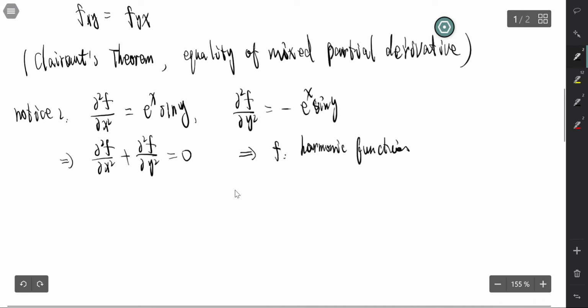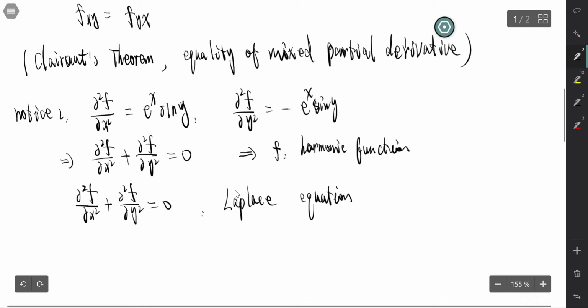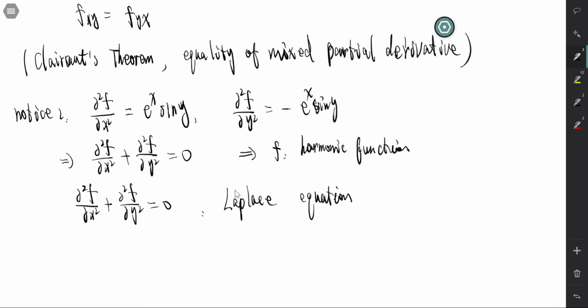And this equation, partial squared f partial x squared plus partial squared f partial y squared equals 0, we call the Laplace equation. This equation plays an important role in partial differential equations.